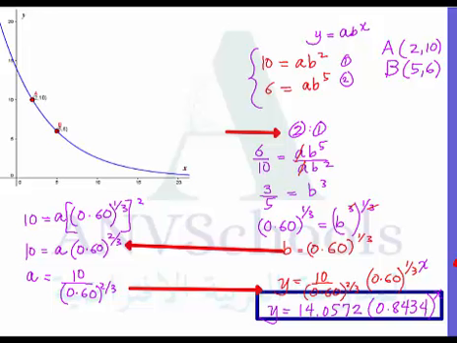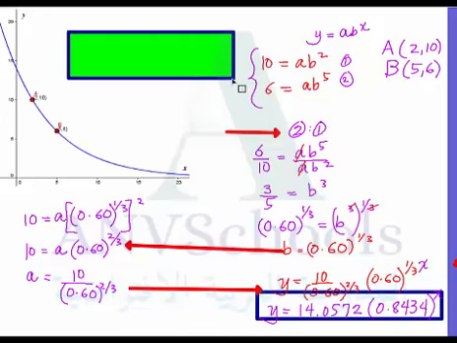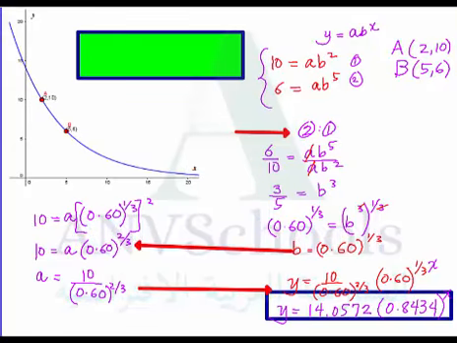Let's put it here for better sight. So our equation is y is equal to 14.0572 times 0.8434 raised to x.